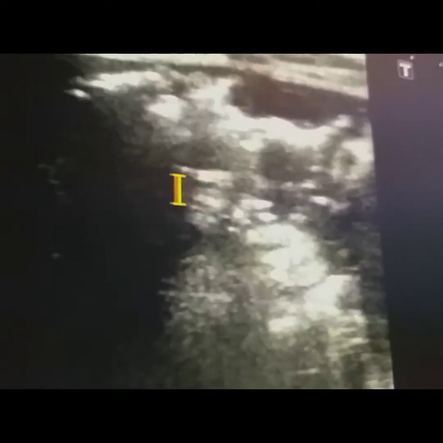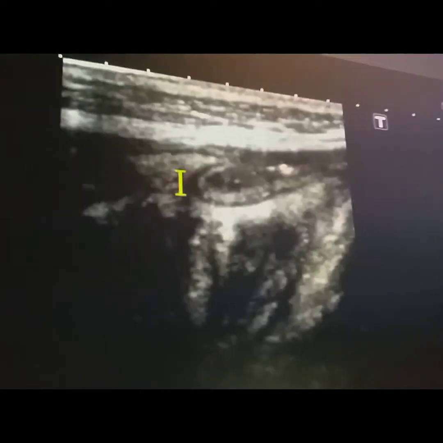Look at here. These particles, air particles, are moving anteriorly to the surface of the abdomen. These ones, and this is the thick walled bowel. This one, this one, this one.